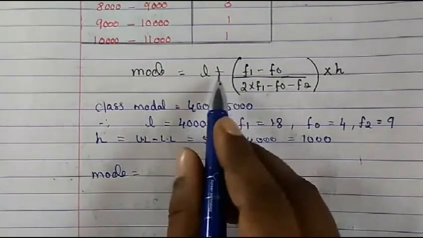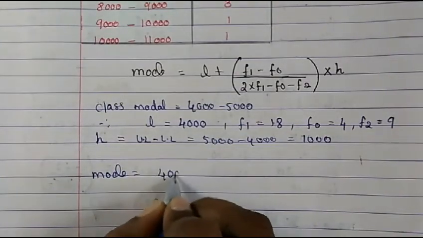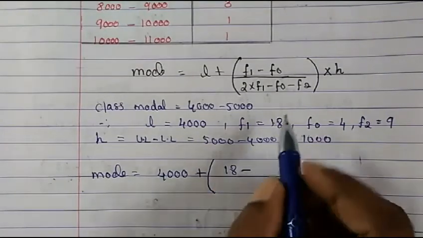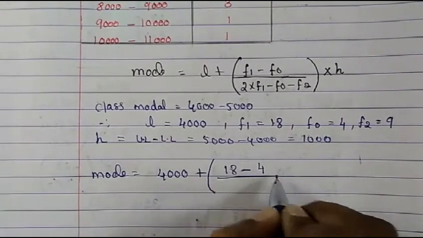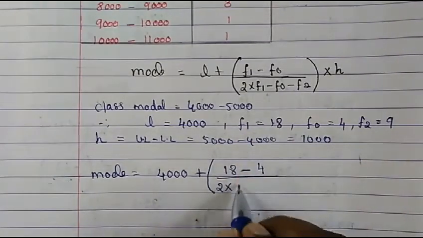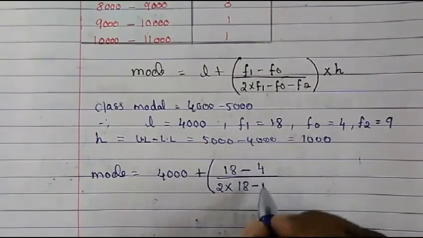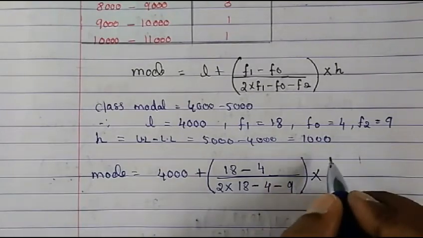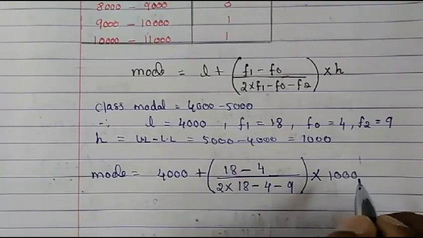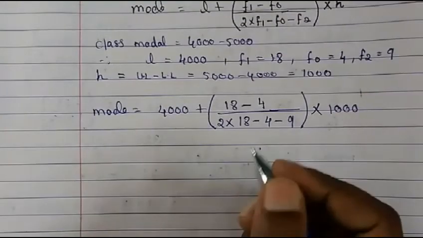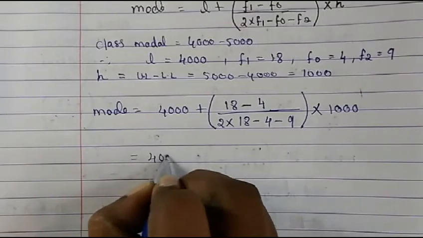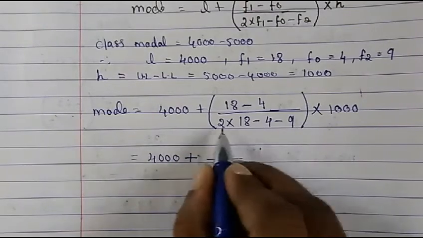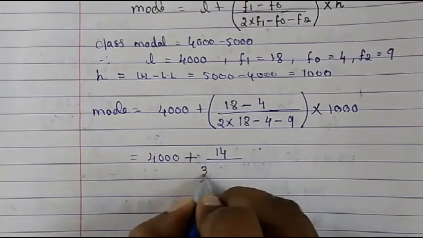So mode is equal to L is 4000 plus F1 is 18 minus F0 is 4, over 2 into F1 is 18 minus F0 is 4 minus F2 is 9, into H is 1000. 4000 plus 18 minus 4 will give us 14. 2 into 18 will give us 36.